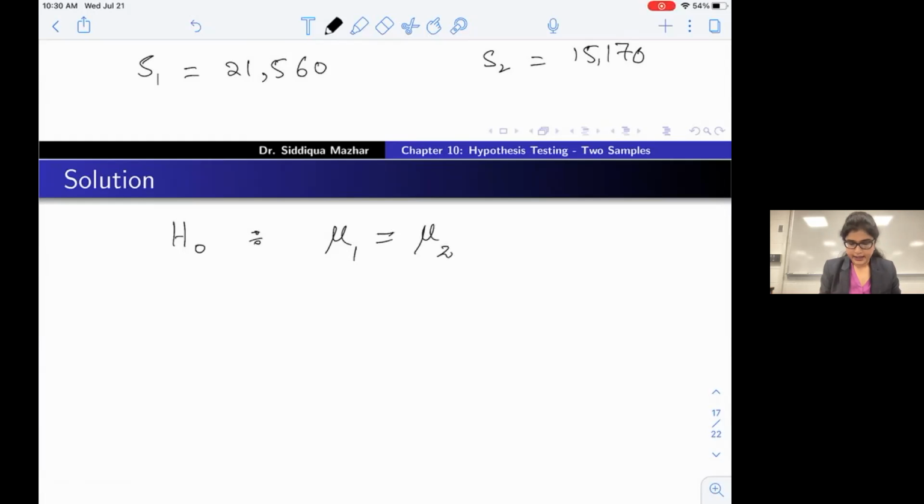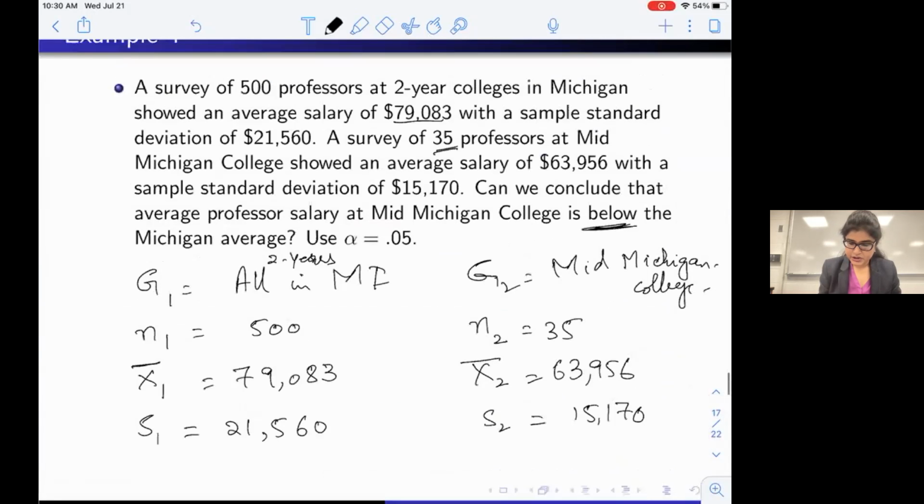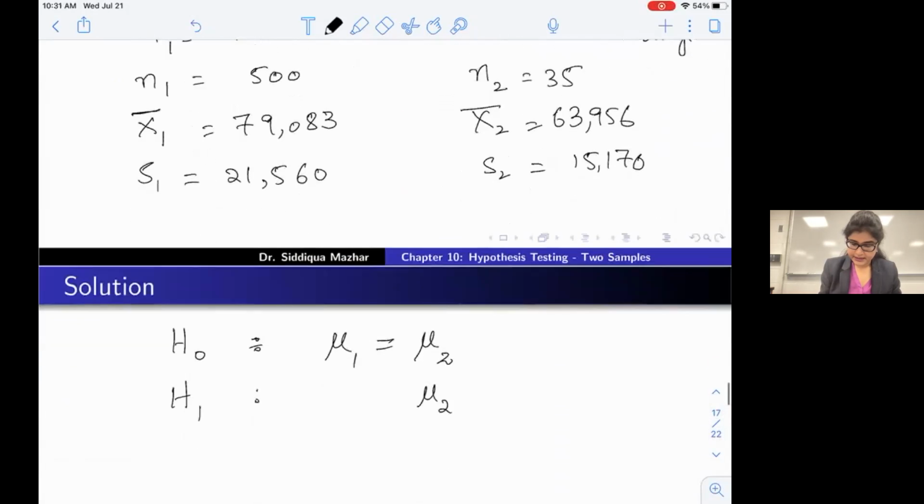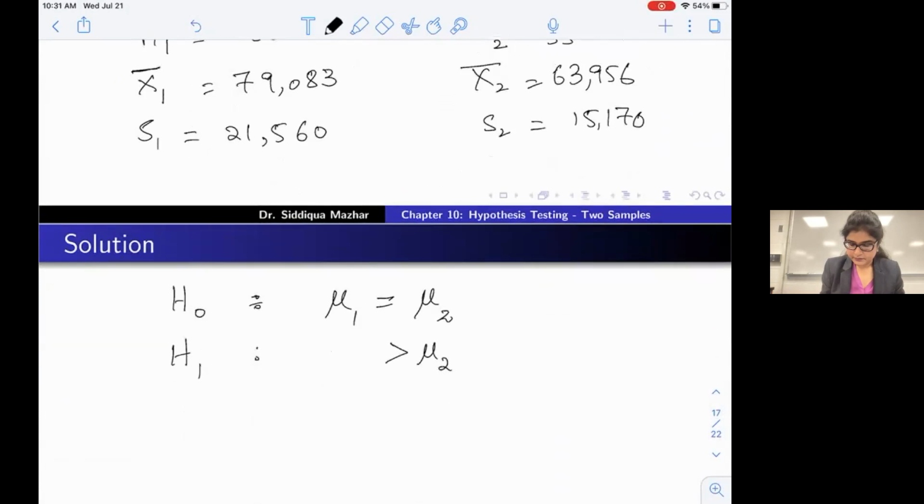This is my null hypothesis. So what is my alternative hypothesis? That is my claim given in the question. Mu2 is my Mid-Michigan College, and they say that Mid-Michigan College professor salary is below. So it means mu2 is less than mu1. Mu2 has to be smaller because mu2 is assigned to Mid-Michigan College.